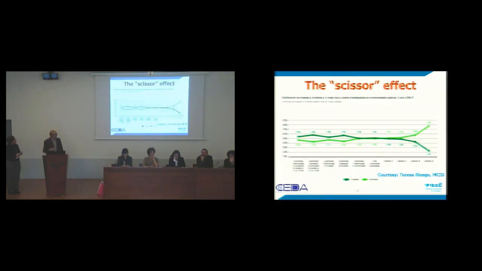Another significant slide, courtesy of Teresa. The scissor effect. Here in dark green we have women, in light green we have men. On the left we have the number of enrolled students and graduates in bachelor and master. So in bachelor and master we have a slight dominance of women.